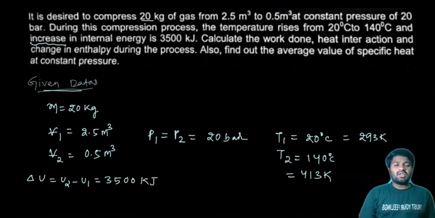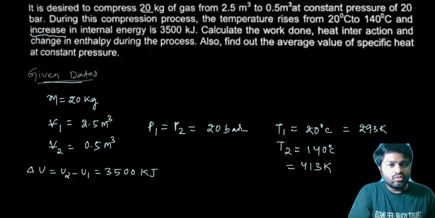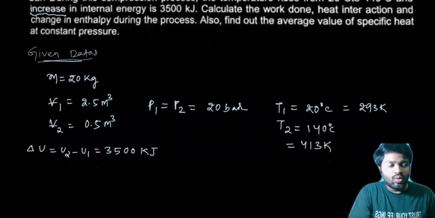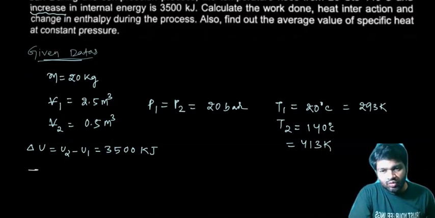So these are the given data for us. And what we have to find out are the work done and heat interaction, right? So what we need to find out.